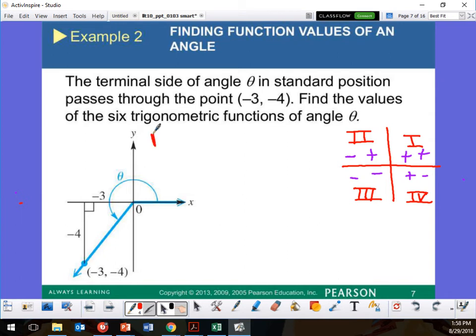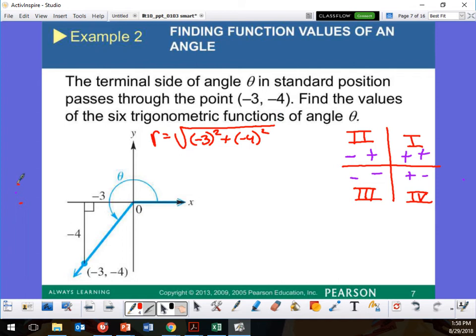So R is equal to the square root of x squared, so negative 3 squared. Now, when you're squaring a number, make sure you put parentheses around it if it's negative, because you have to include the negative. Because a negative times a negative is a positive. Plus negative 4 squared.